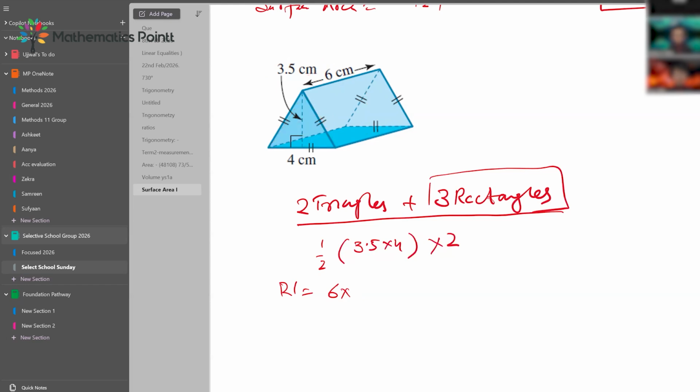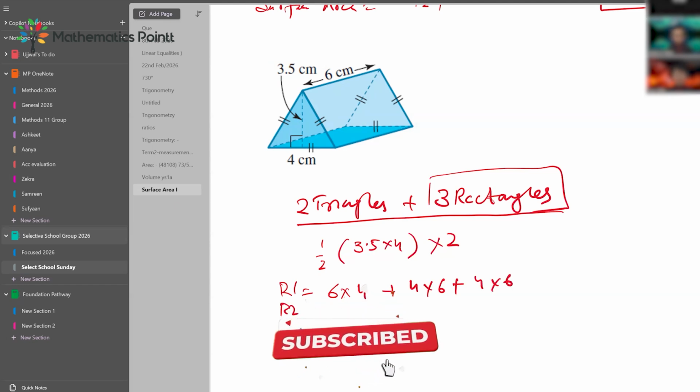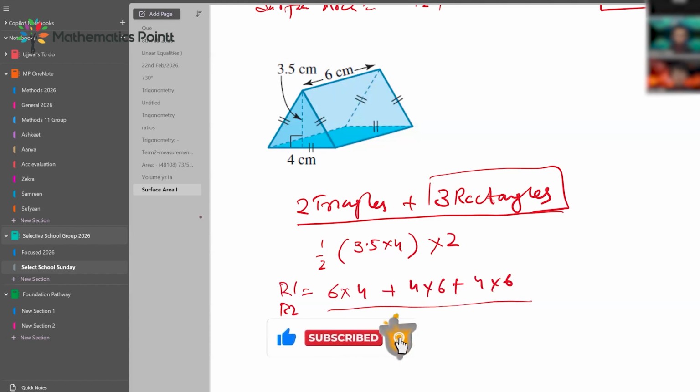So 6 times 4 plus 4 times 6 plus 4 times 6. We've got three rectangles, rectangle 1, rectangle 2, and you just add them. You simply add them, and it becomes 86 centimeters.